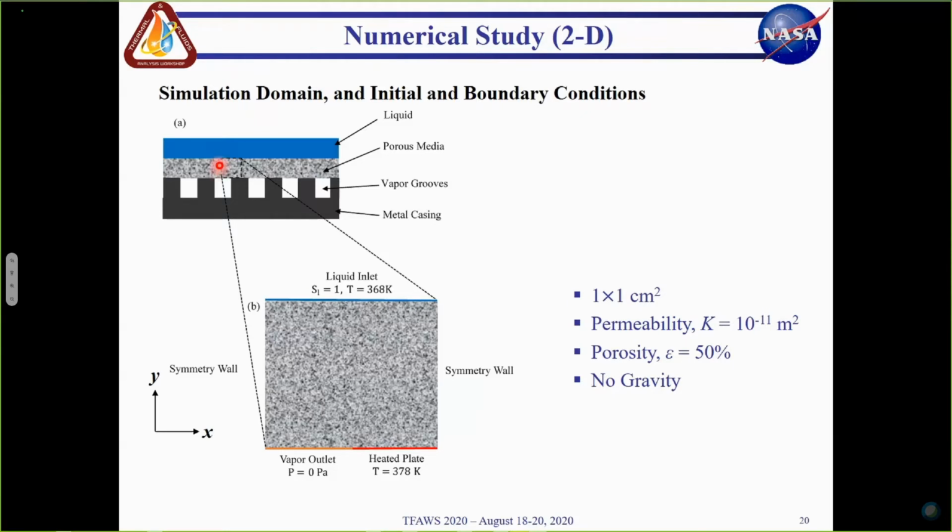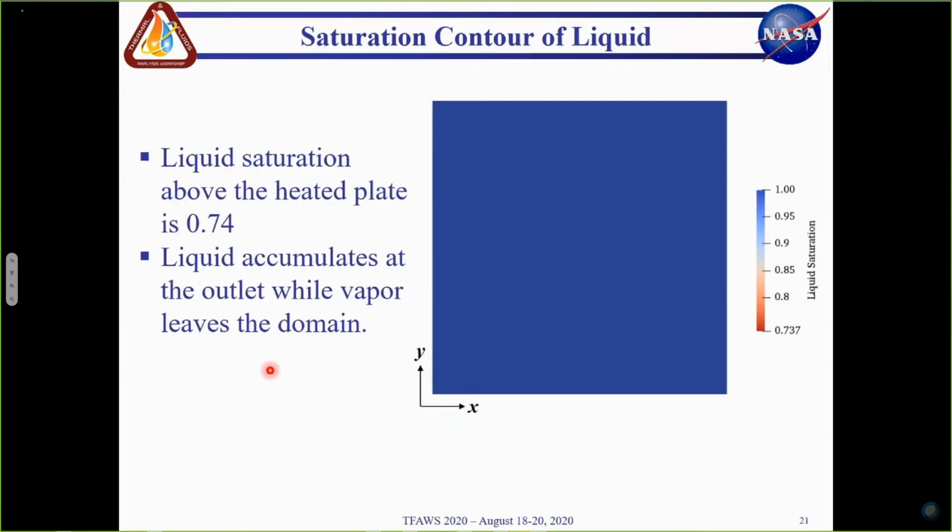The outlet is set at atmospheric pressure, which is the zero gauge pressure. From this segment of the evaporator, we can easily say that the walls should be symmetric walls. Now this is our saturation contour of the liquid, and let's start the video.